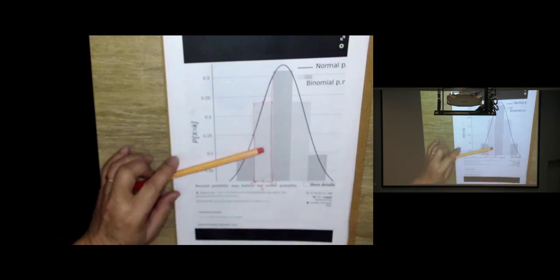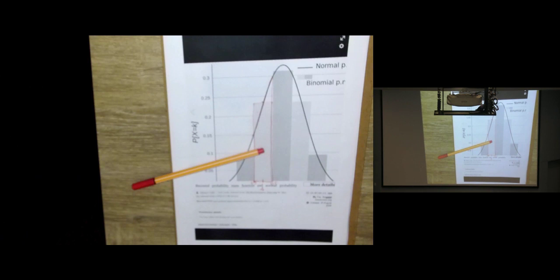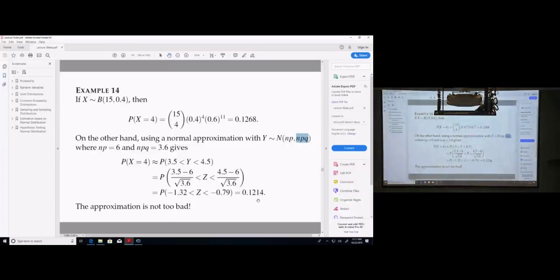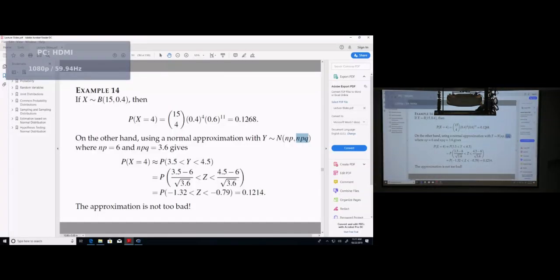And so we get 12.14%, and the actual number is 12.68%. So the normal approximation has underestimated the actual probability, and now we have to understand this in terms of the relative error. So the true answer is this.